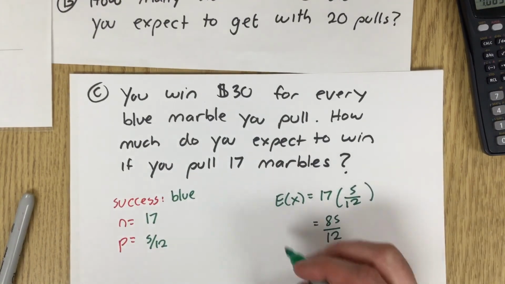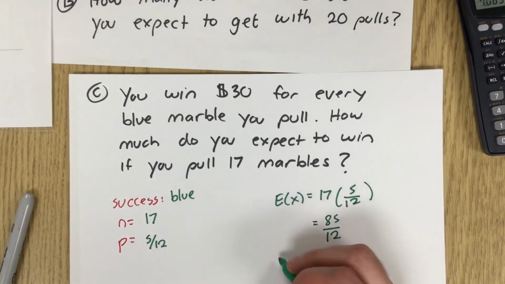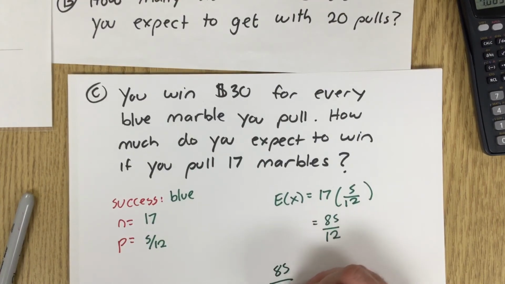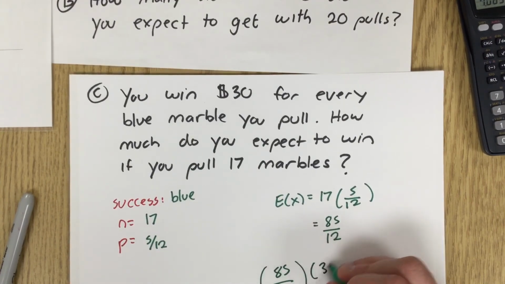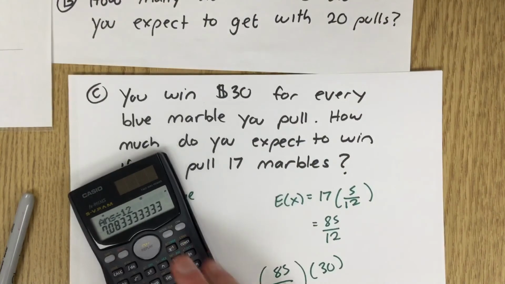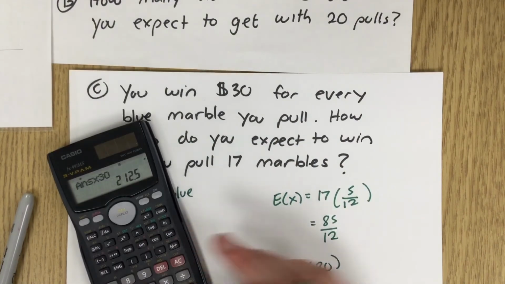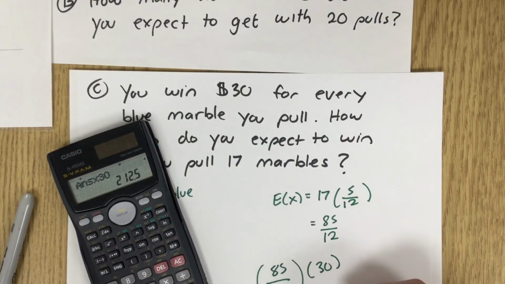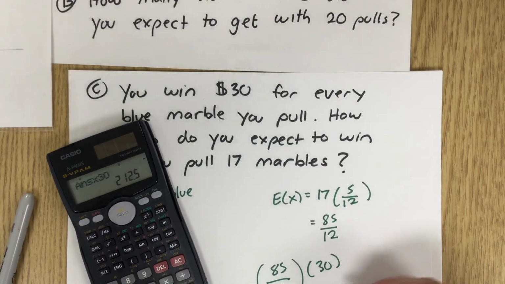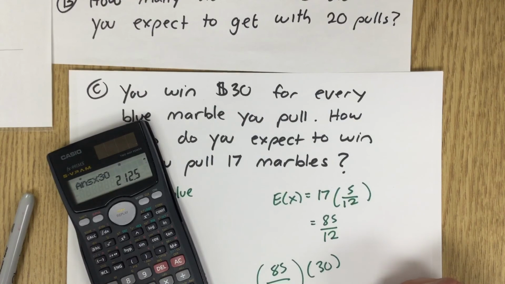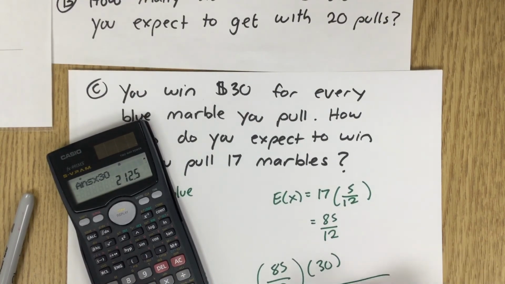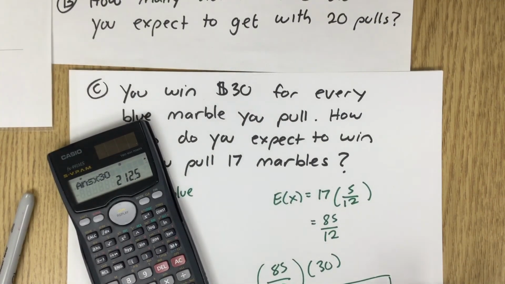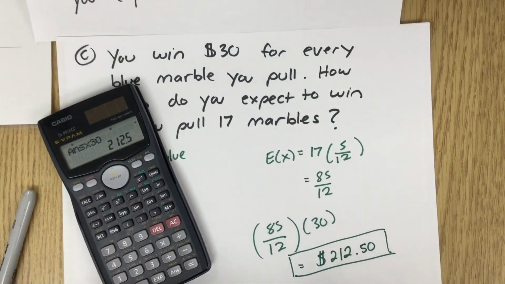And so what we could say is the money that we expect to get is going to be 85 over 12 times 30, which works out to be $212, actually, sorry, $212.50. So we expect to get $212.50.